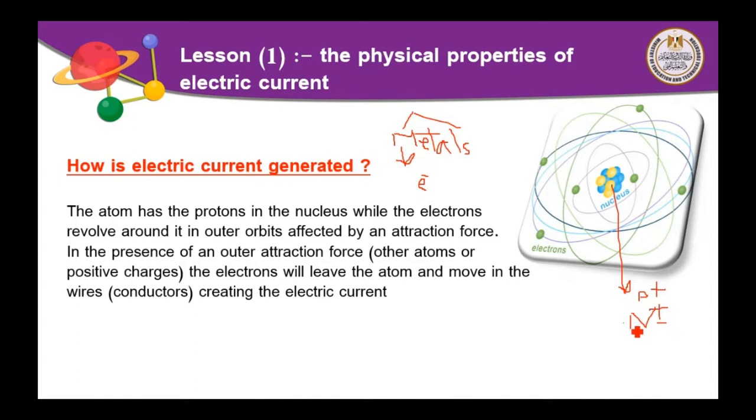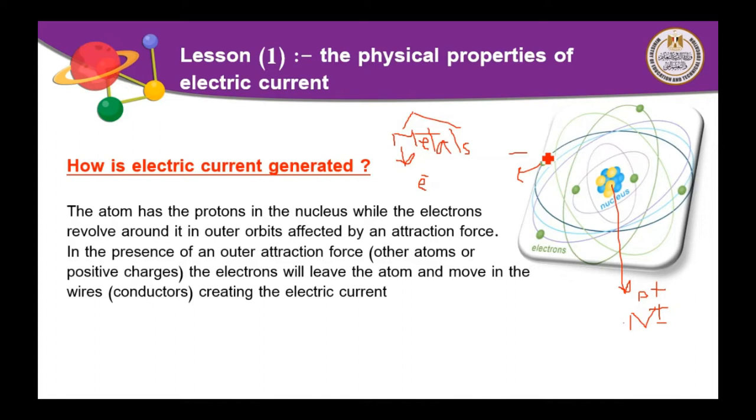So the charge of the nucleus is positive. But there are many electrons, which have negative charge, revolving around the nucleus in energy levels. These electrons have negative charge and protons have positive charge.